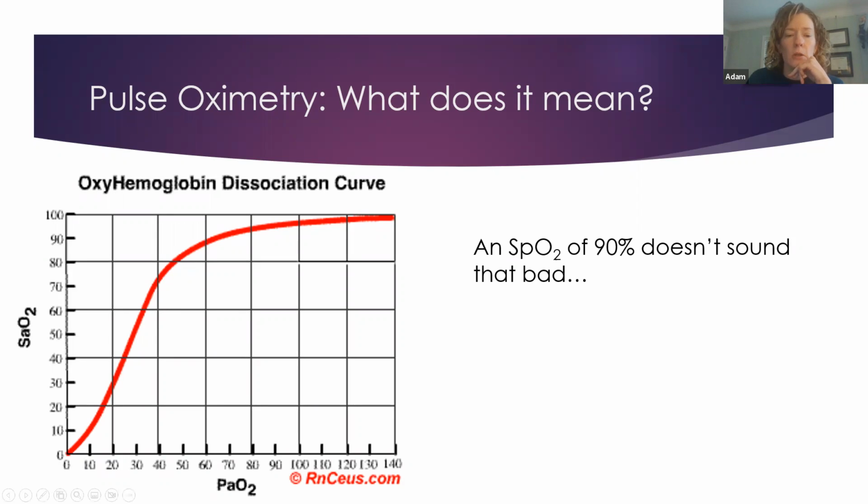So the idea here is that if you have a patient who has a normal PaO2, a normal concentration of oxygen in their blood, that should be about 90 to 105 in most patients. And so if we go up here to our curve, their pulse ox is going to be reading about 95 to 100.